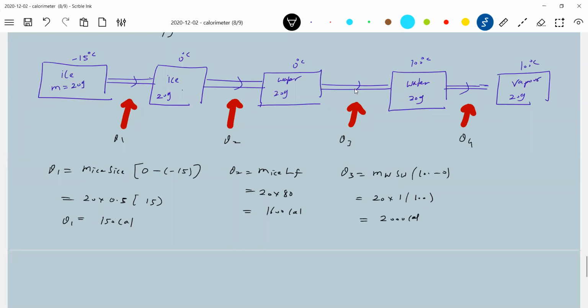Then what is Q4? Mass of water into latent heat of vaporization, 20 into 540. This will be 10800 calories. What is the total amount of heat I should supply?